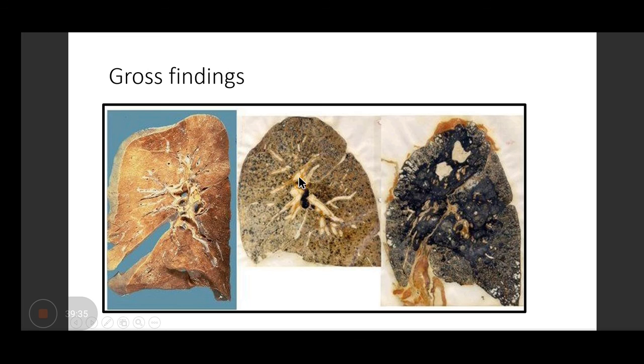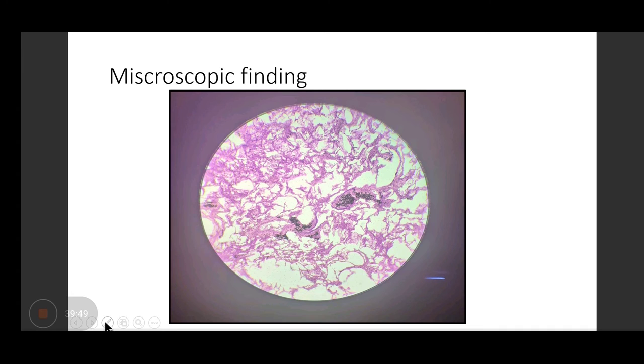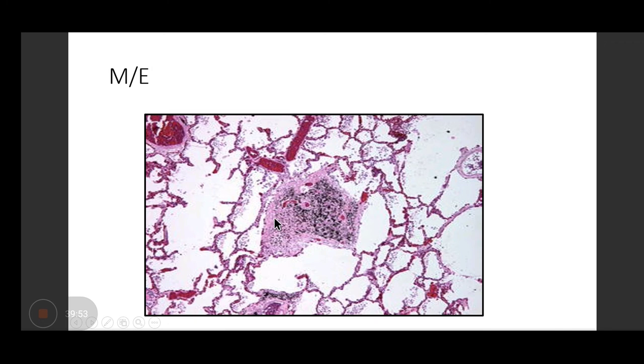And this was simple coal workers' pneumoconiosis. The other one was progressive massive fibrosis. And there is dilatation of the alveolar sac and coal macules, which are composed of macrophages containing the carbon pigment.